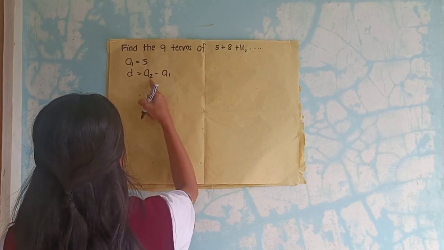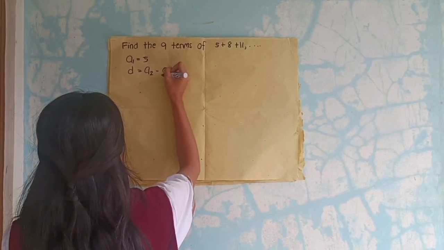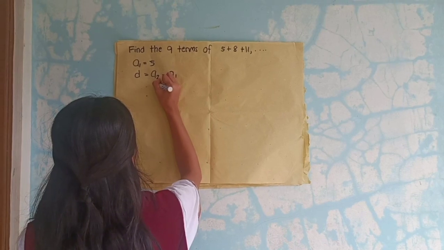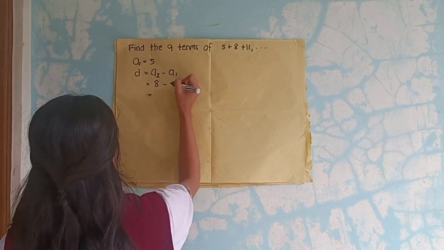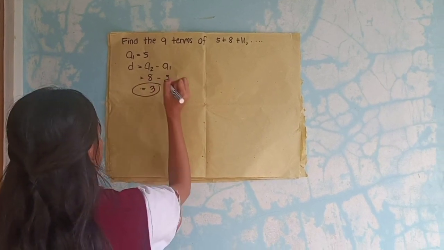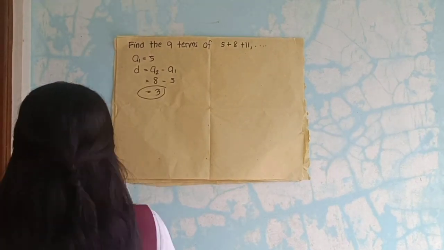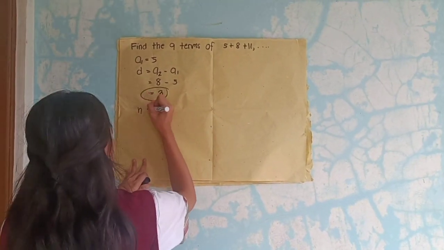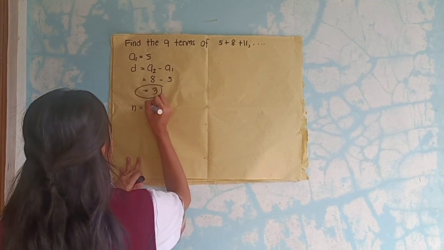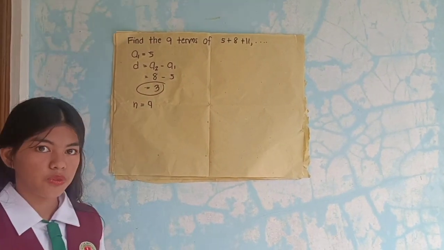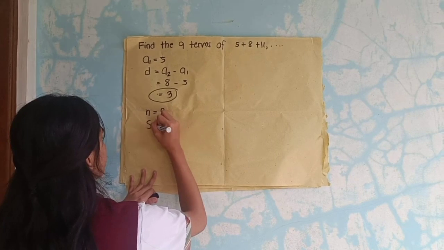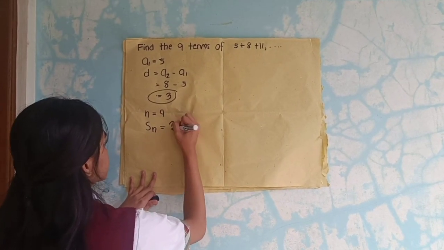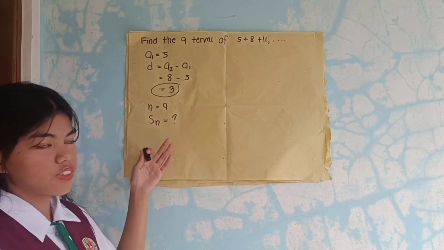So a sub 2 minus a sub 1, substituting the given, is 8 minus 5, which is equal to 3. So that's our common difference. And our nth term is equal to 9 because that is the term that we're finding. And after that, S sub n is equal to question mark because it's still pending.